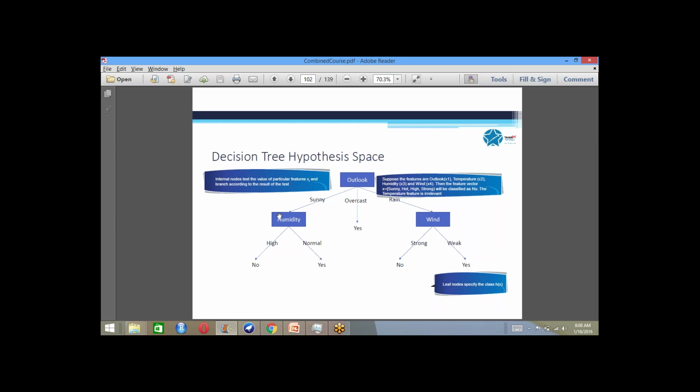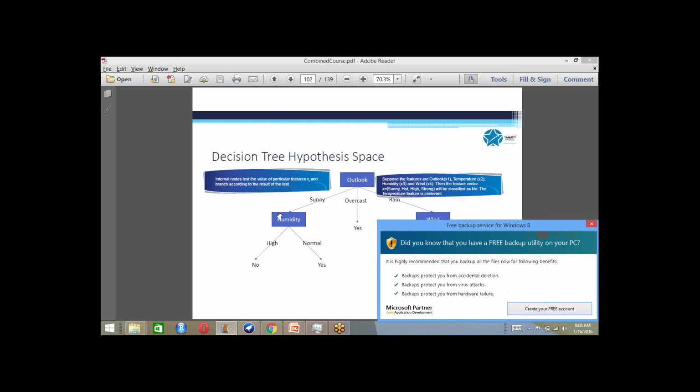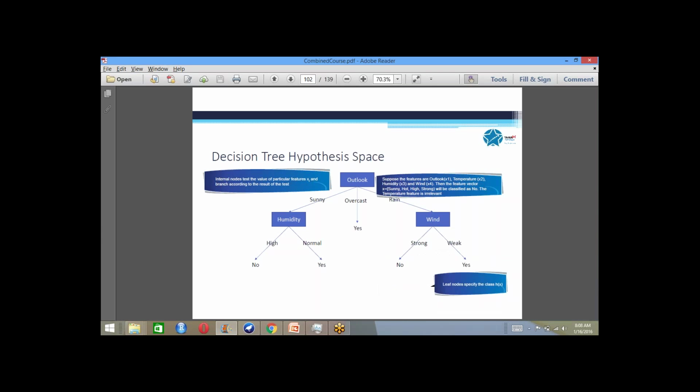If you take one path from top to bottom, so let's say outlook equal to sunny and humidity equal to high. Similarly, you can have outlook is overcast. Similarly, you can have outlook is rainy and wind is weak.